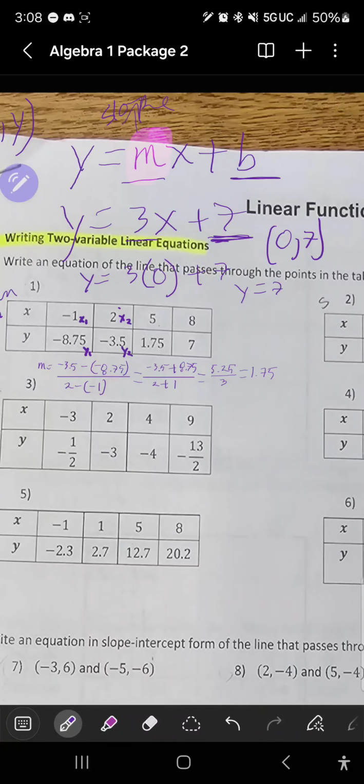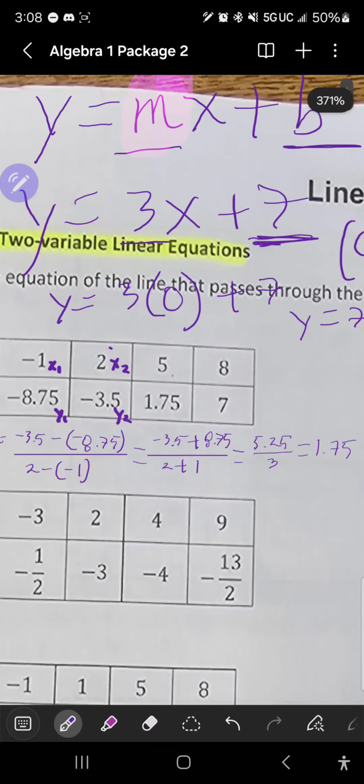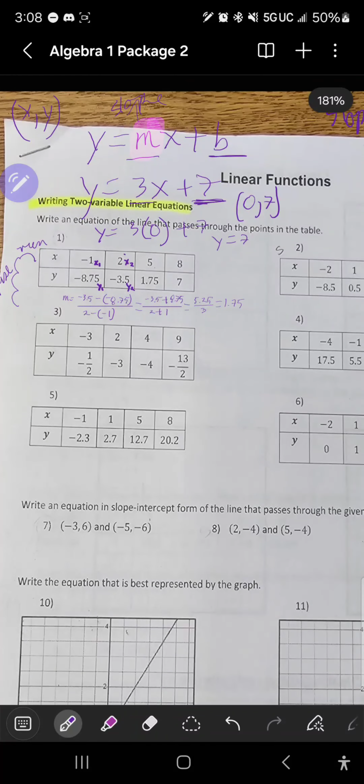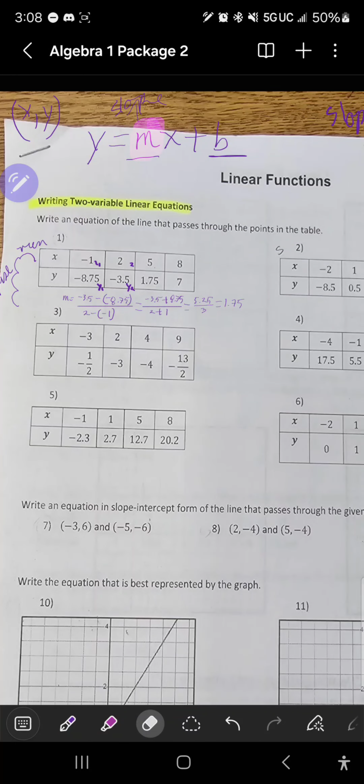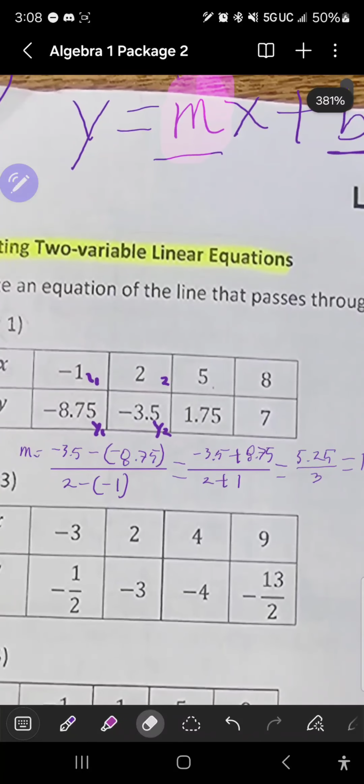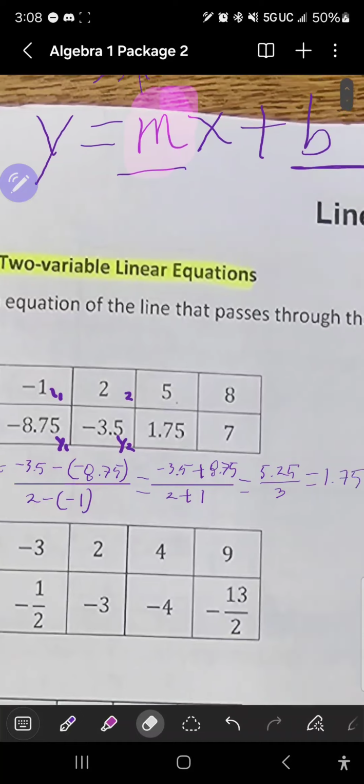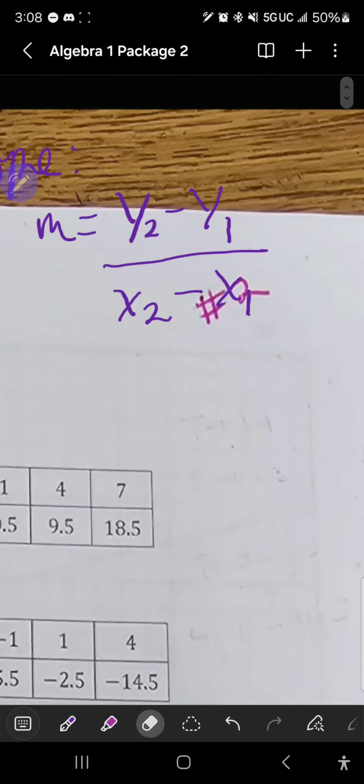Now we have our slope, and we are just missing the b of the equation. Let me delete this so we can do it here. You know that the formula of a slope is this one.